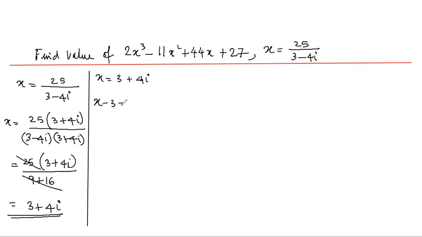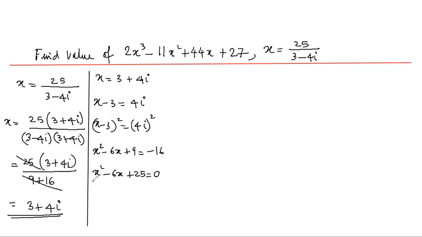So x minus 3 is 4i, so the term with i alone is on one side. Now square it and expand: x square minus 6x plus 9 equals minus 16. Bringing 16 over, x square minus 6x plus 25 is 0.